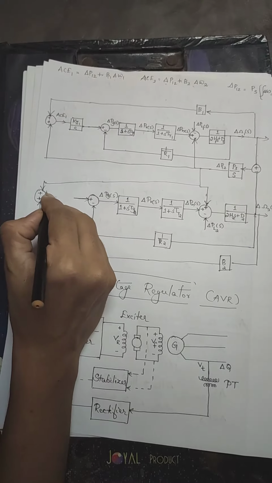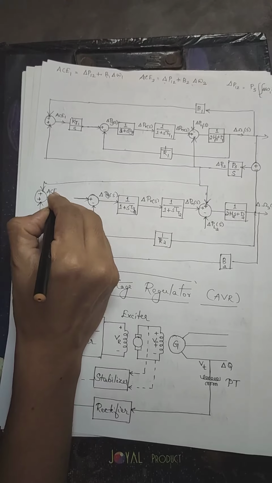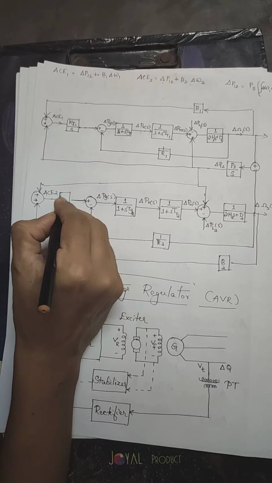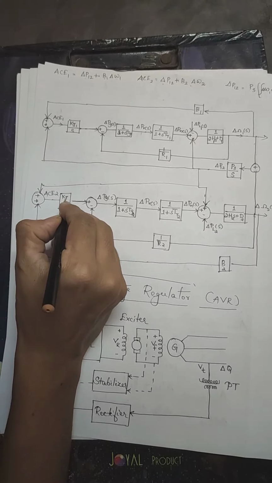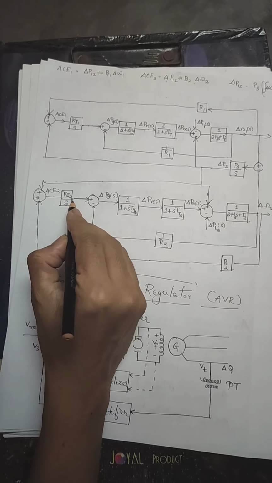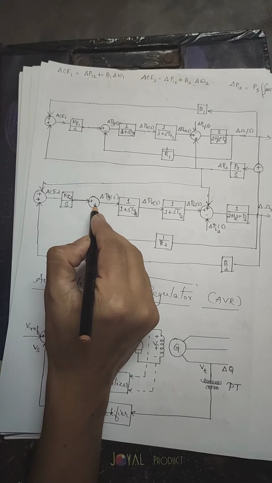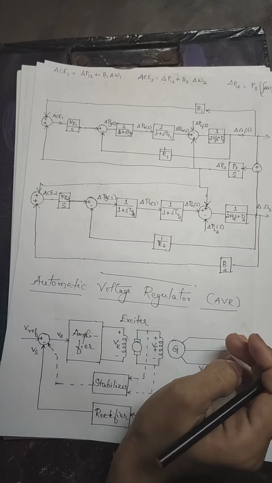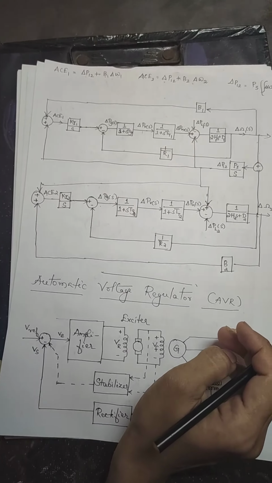The answer will be the area control error for area 2, and this has to be integrated using an integral controller having a gain Ki2. So the answer is fed as the reference power to the speed governor. So this is the block diagram of a double area load frequency controller.